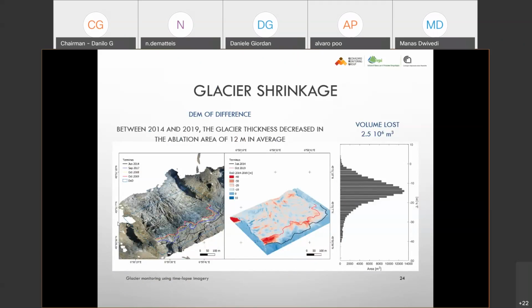Here, it is shown a map of the difference between the glacier elevation in 2014 and 2019. Globally, this means a volume lost of more than 2 million cubic meters.